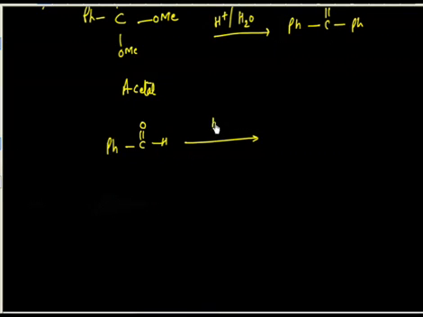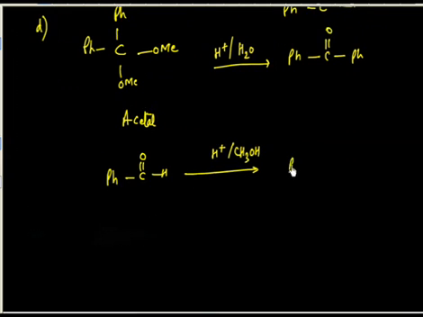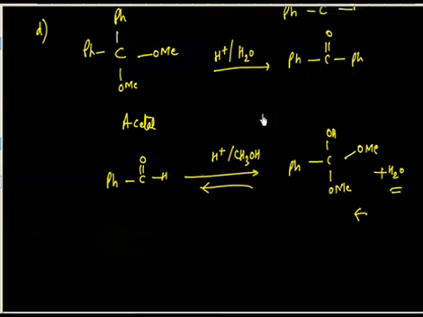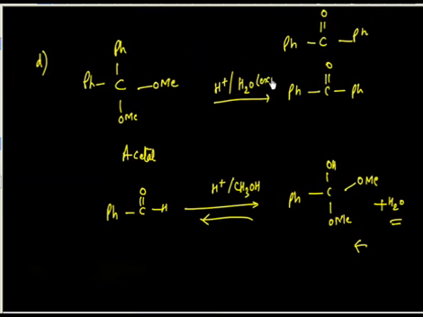If I treat with H plus and CH3OH, it will give this compound, PhC(OMe)(OMe). Now this is basically a reversible reaction. If I add excess H2O, the reaction goes in the backward direction, Le Chatelier principle. This means I have to use excess H2O so that I will have the ketone.